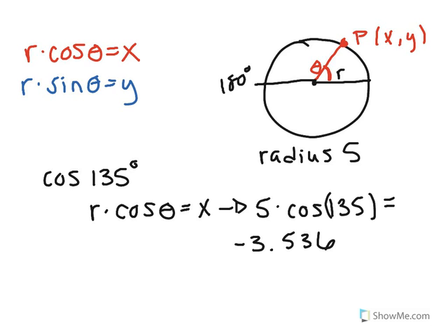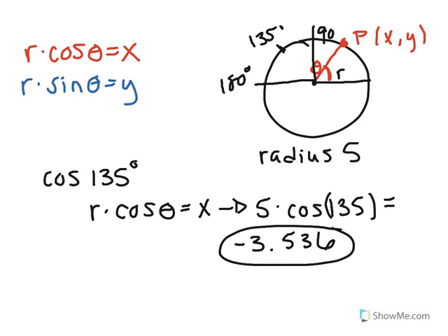So 135 should lie somewhere between 90 and 180, maybe somewhere near the middle. So it does make sense that the x-coordinate, this value right here, would be negative, because if I follow this point down to my x-axis, all these values over here are negative. So that's another way you can verify your answer just by looking at your picture.